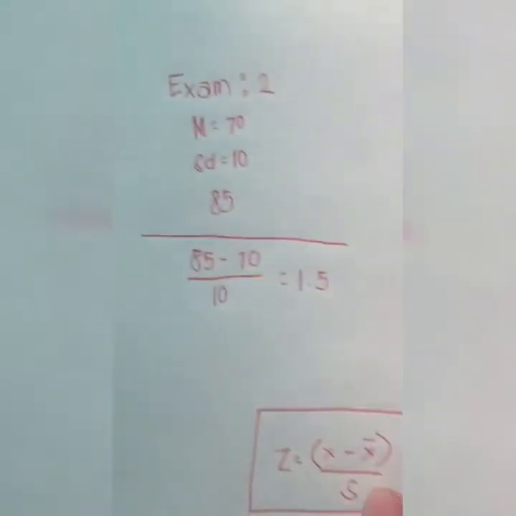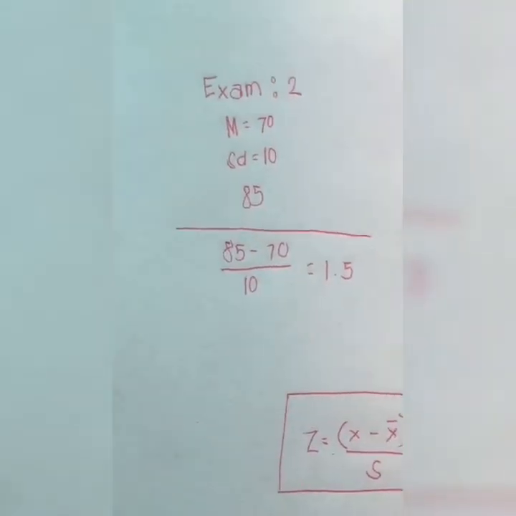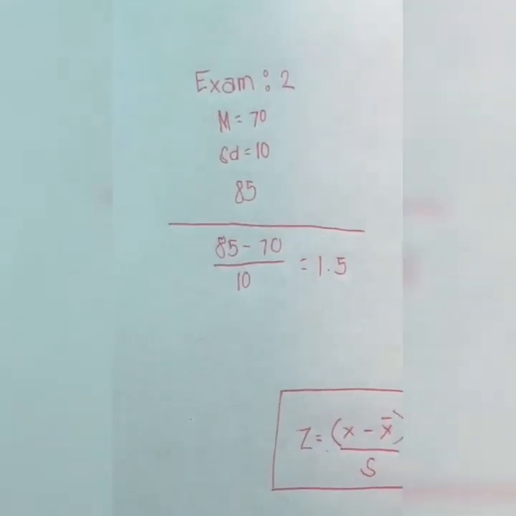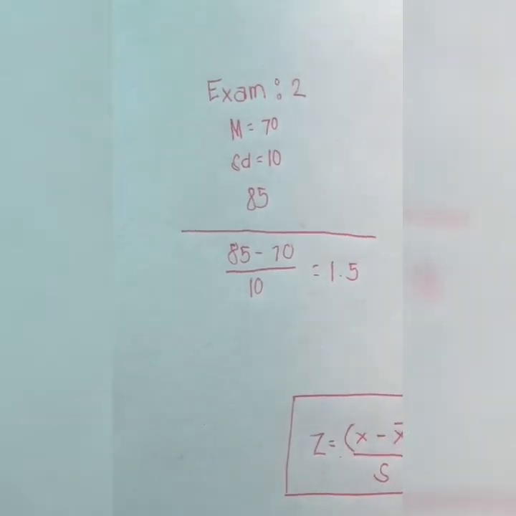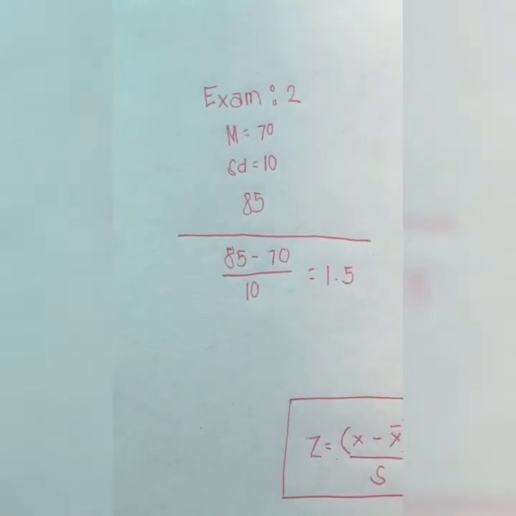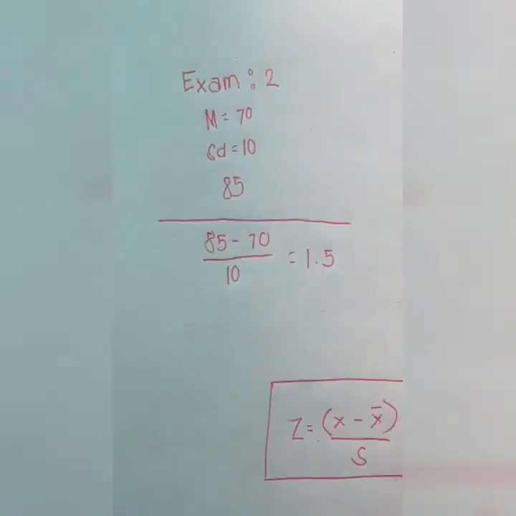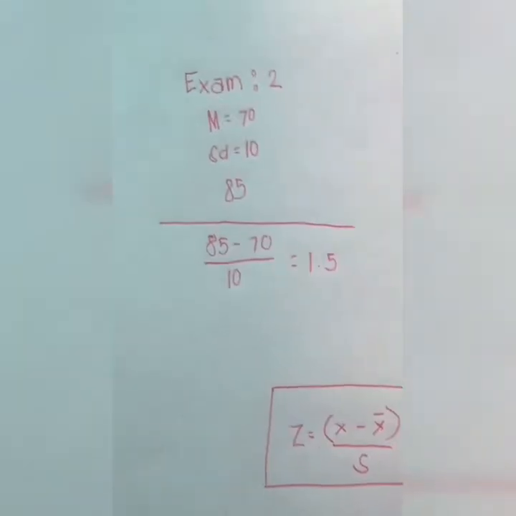And now for our second example, which is our exam 2, the score they got is 85 and also our mean is 70 and our standard deviation is 10. So if we calculate this, is 85 minus 70 equals to 15 and divided by 10 equals to 1.5.